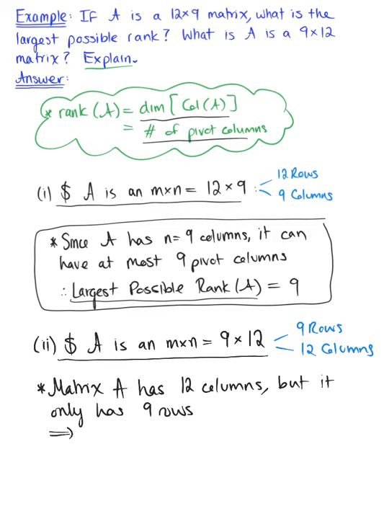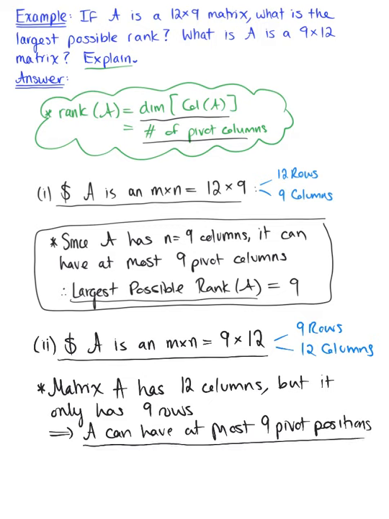This tells us that matrix A can have at most 9 pivot positions. So therefore, the largest number of pivot columns, or the largest possible rank, is only 9 here.